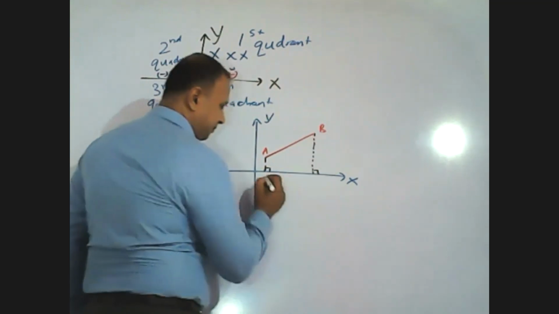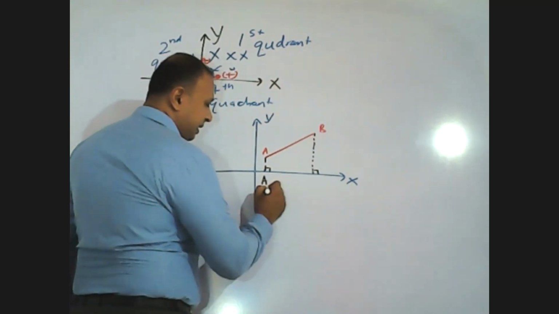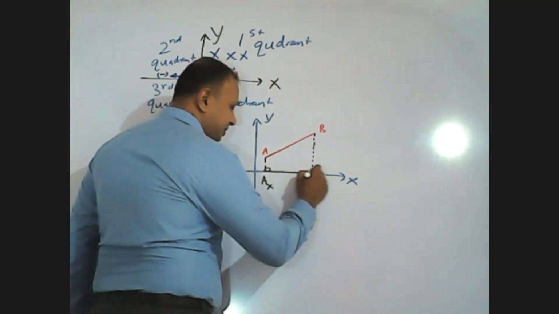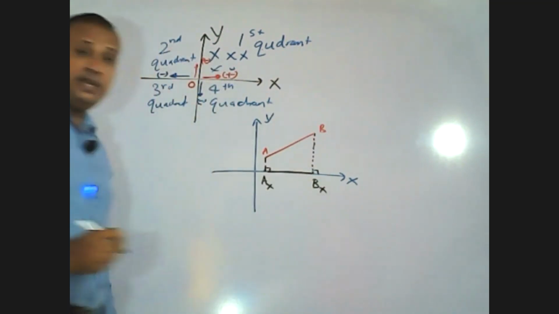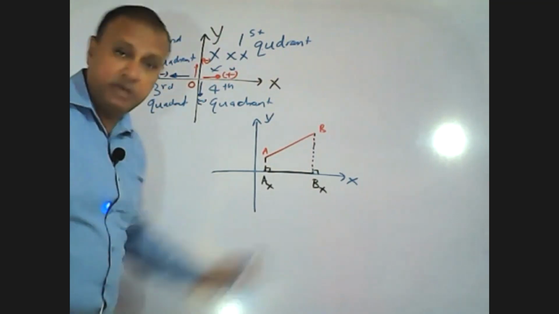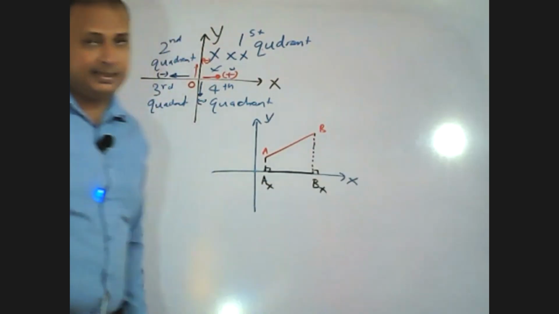Two perpendiculars, suppose AX and BX. So AX, BX is the perpendicular projection of AB on the x-axis.